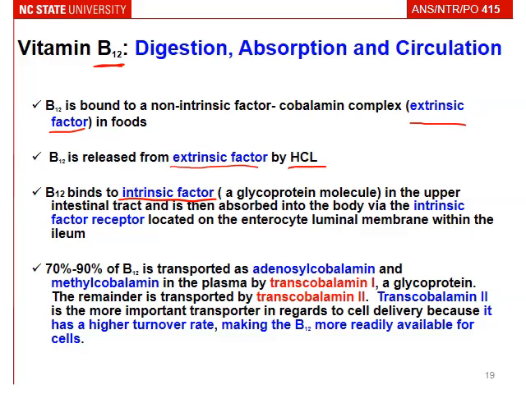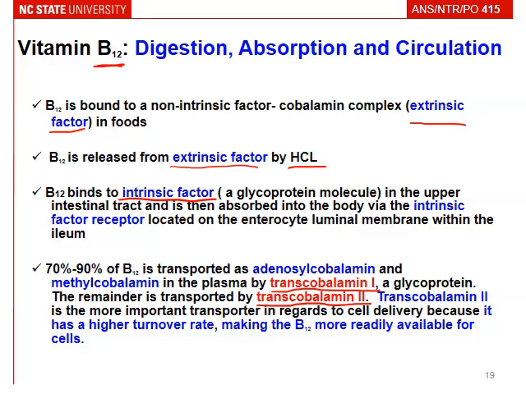And we have 70 to 80% of our B12. So once it's absorbed, conjugated to that intrinsic factor, 70 to 90% of it is transported as adenosylcobalamin and methylcobalamin, and it binds the transporters transcobalamin 1 or transcobalamin 2.